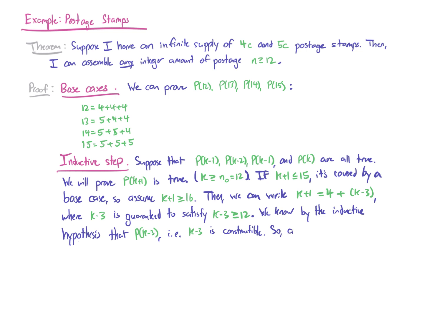So adding a 4, as specified by this equation, k plus 1 is 4 plus k minus 3, adding a 4 gives a construction for, oh, sorry, not p, just k plus 1.